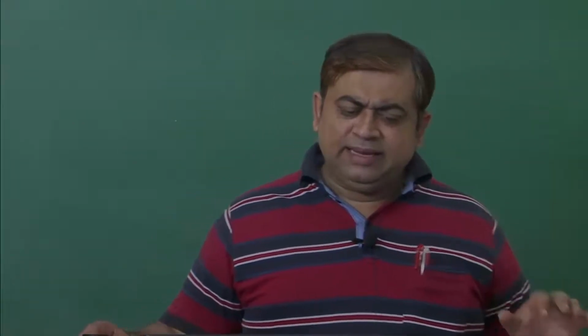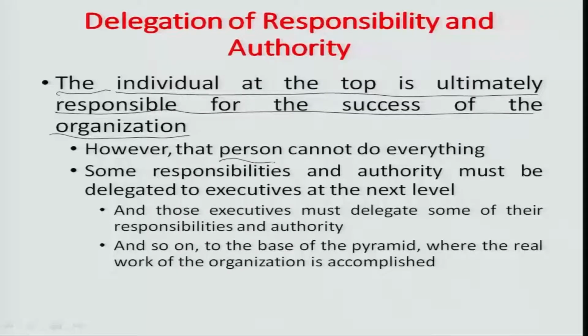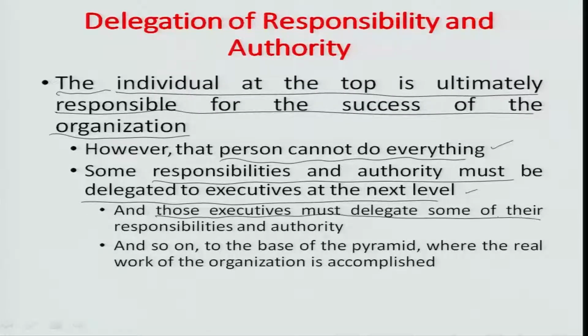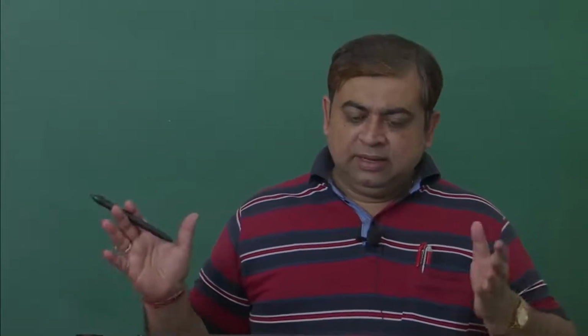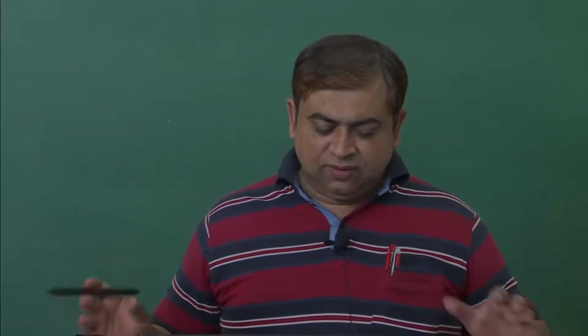So, this is typically why delegation is needed, as I told you: that person himself cannot do everything, and some responsibilities and authorities need to be given or delegated to the next level, and further those executives to whom this has been delegated have to delegate it to others, and this way a pyramid is built up where the basic task is structured into many subtasks, and in a very well defined manner you have knowledge of who does what in order to complete the whole overall picture in terms of success of the organization.